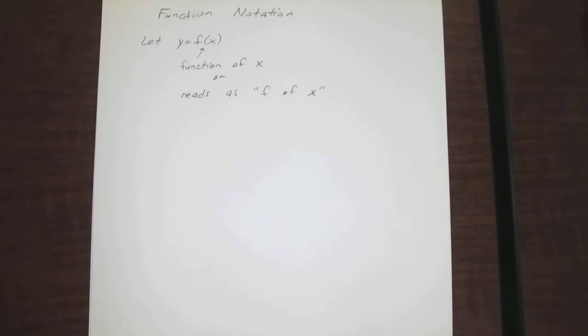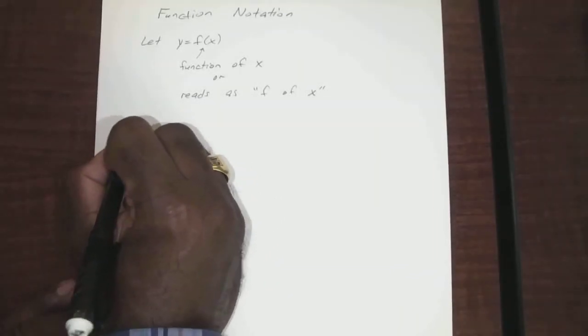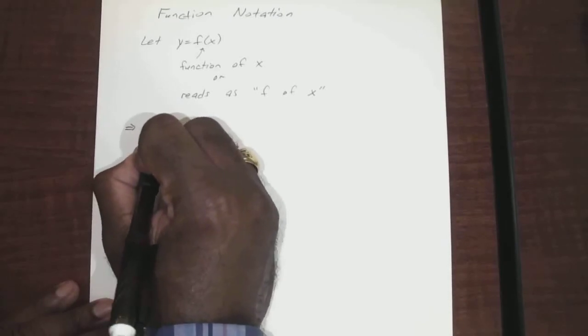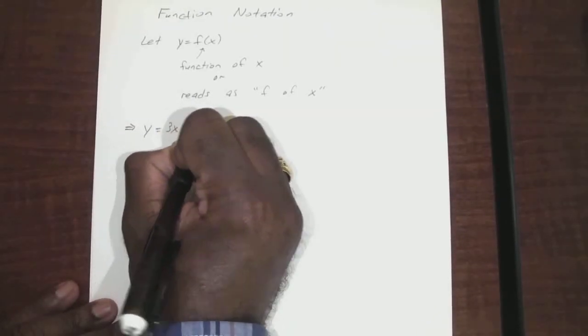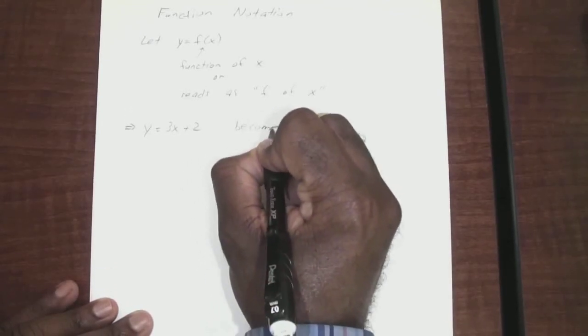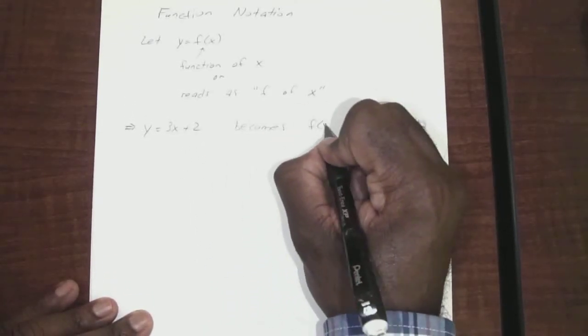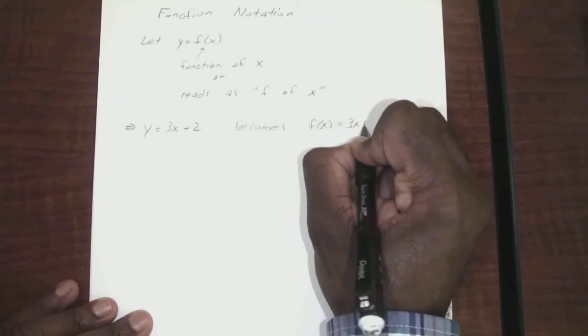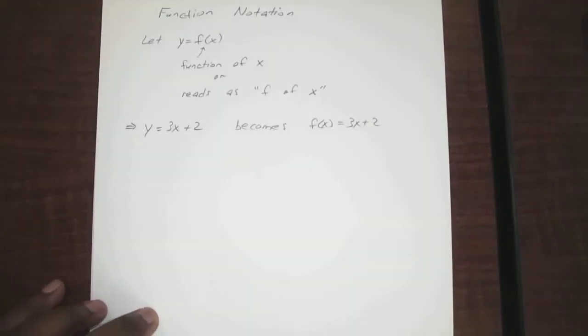Literally you're just replacing y with f of x. So let's say y equals 3x plus 2 becomes f of x equals 3x plus 2. That's the difference in function notation.